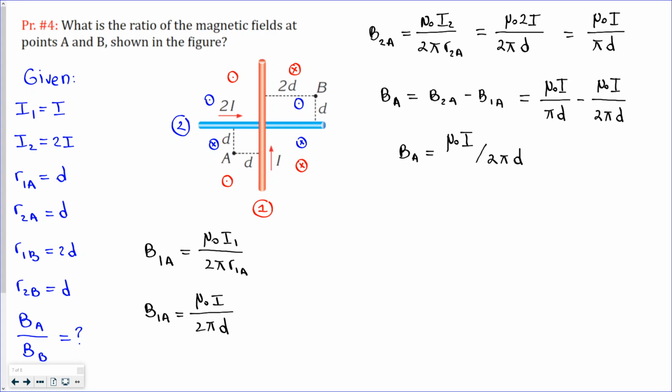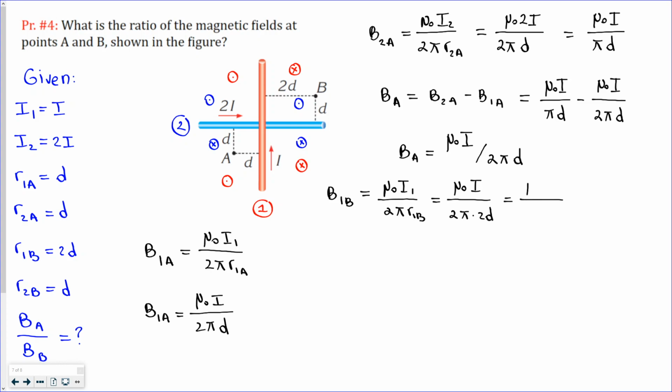And let's find the net field at point B. B1B. First, the field from the first wire at this point, mu 0 I1 over 2 pi R1B. And let's put the information from the givens into the equation. Mu 0 I over 2 pi multiplied by 2D.